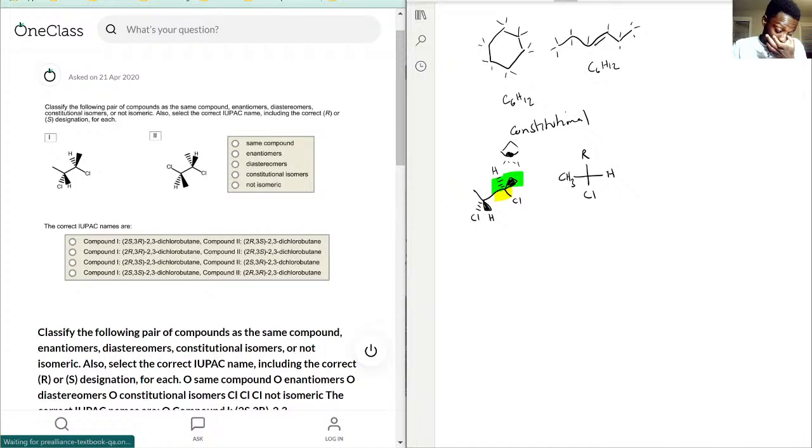Now, with that, you have to keep that same viewpoint, because now I'm looking at this one from here, to get this picture. And in this area, I get that the carbon group CH3 is at the top, the R group, the rest of the chain that expands, is at the bottom, chlorine's to the left, and hydrogen's to the right.